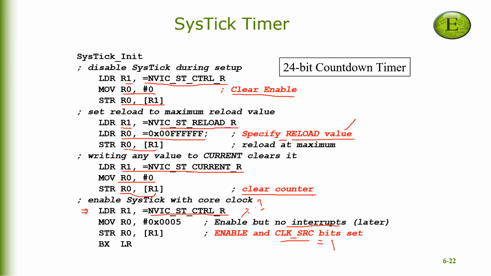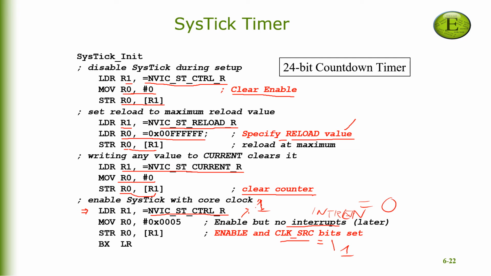So clock source 1, enable 1, and in turn interrupt enable, or EN, is equal to 0, and all other bits are 0.